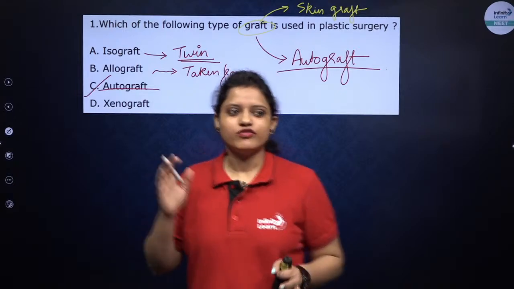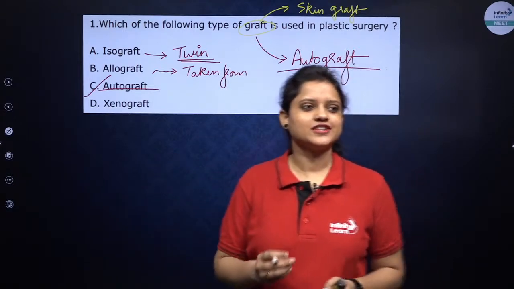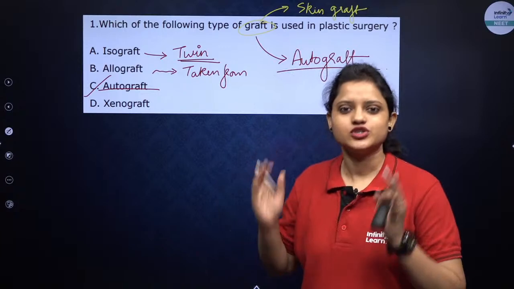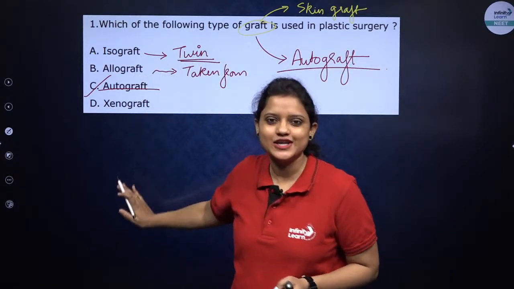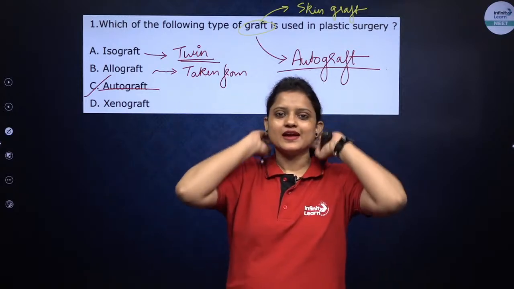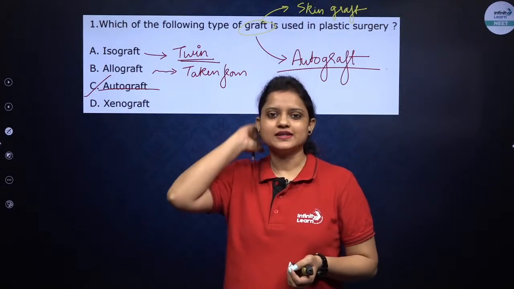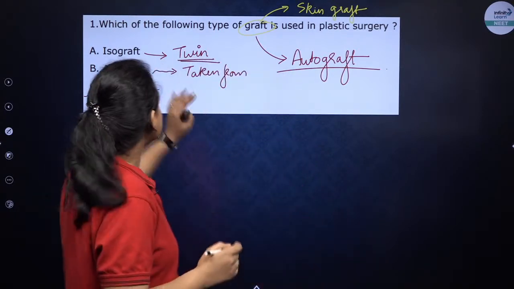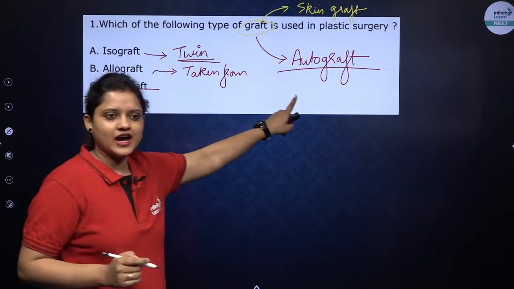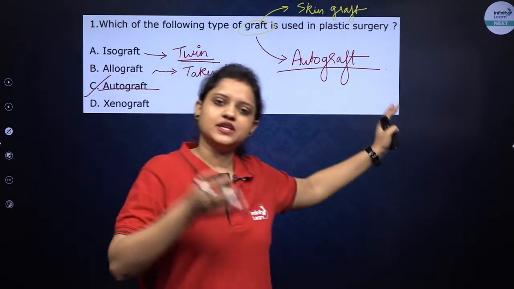Okay dear students, so we were talking about isograft, allograft, autograft and xenograft. Hope you all can see me now and can hear me. So what we have seen is that autograft is the graft taken from the same individual.